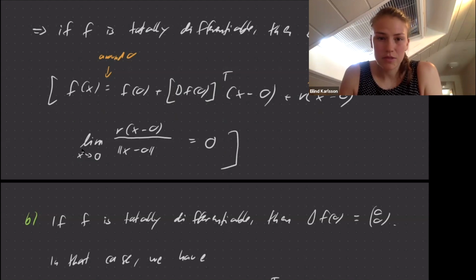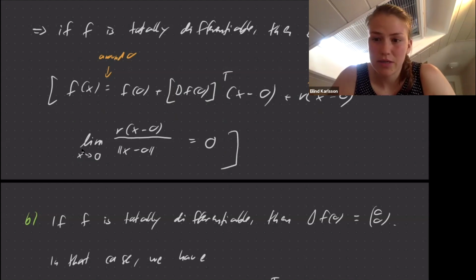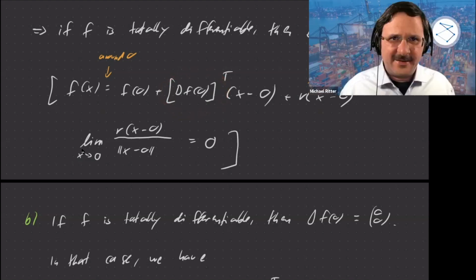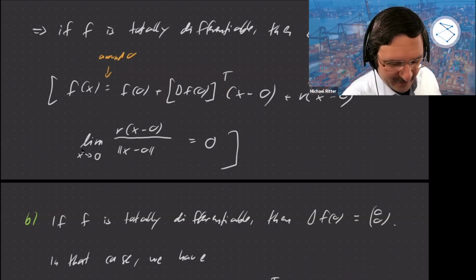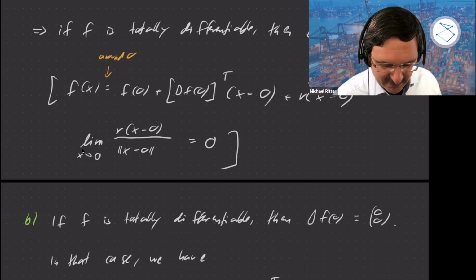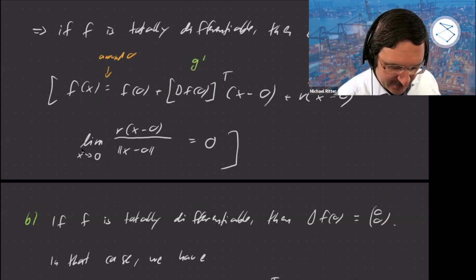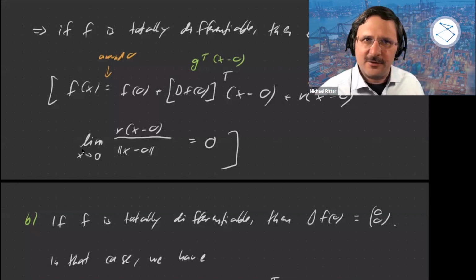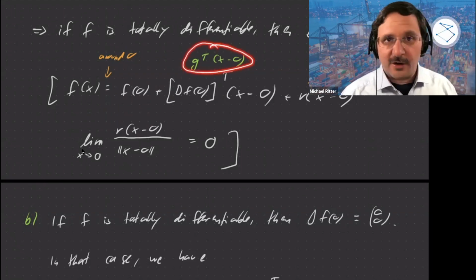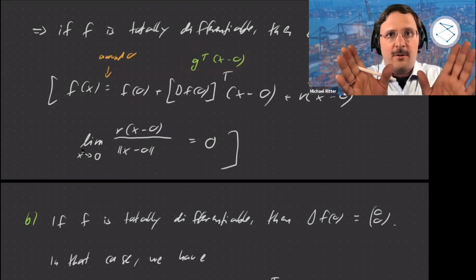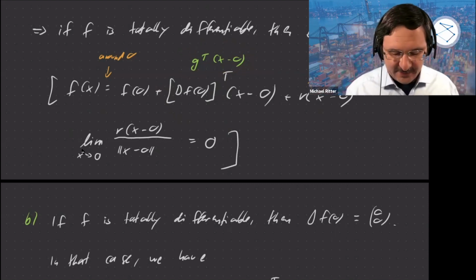Okay. And then there was a question: you had this transpose sign appearing in B, and why do you need that? It's basically a matter of definition. For the total differential, we defined the total differential to be a vector G with exactly that property here, G transpose times, so that's the scalar product of G and that vector X minus 0, or X minus X star in general.